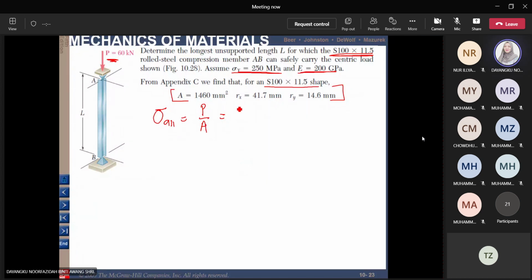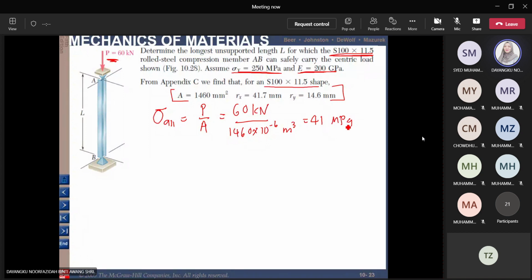Okay, so what is the value? Forty-one megapascal. So 41 MPa.